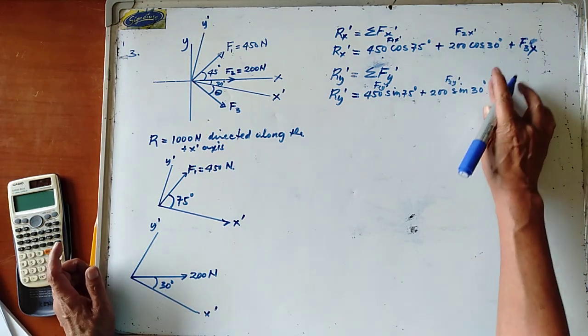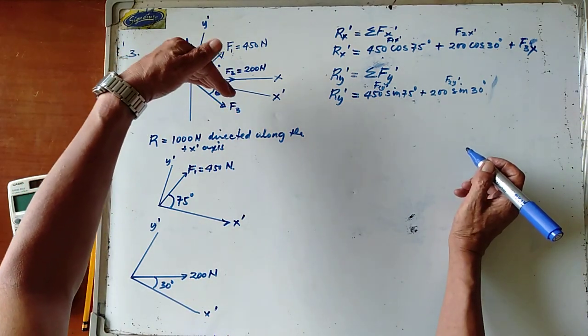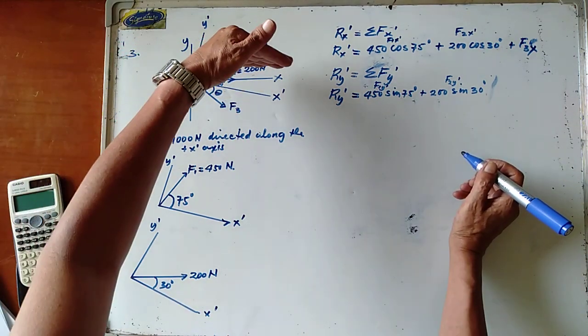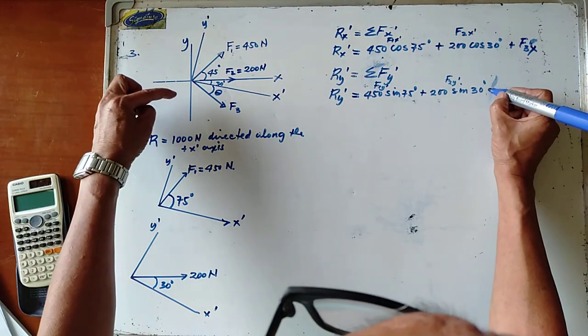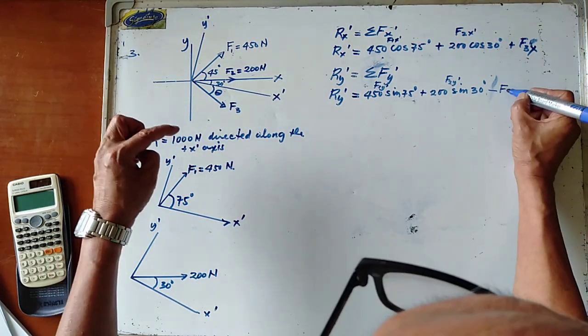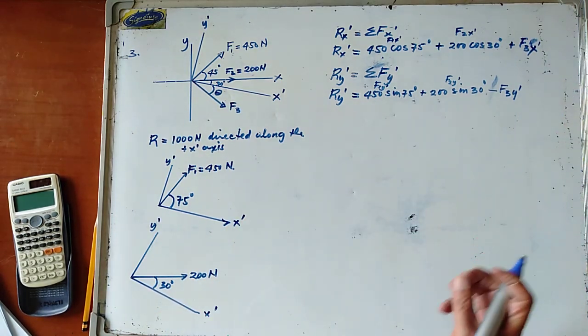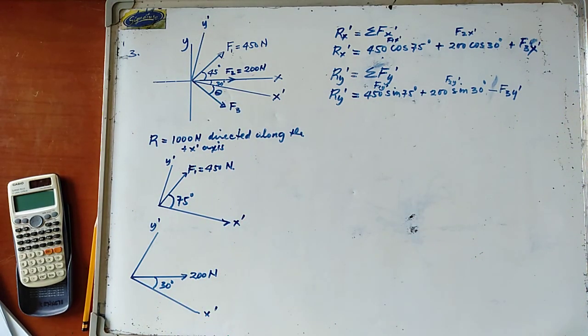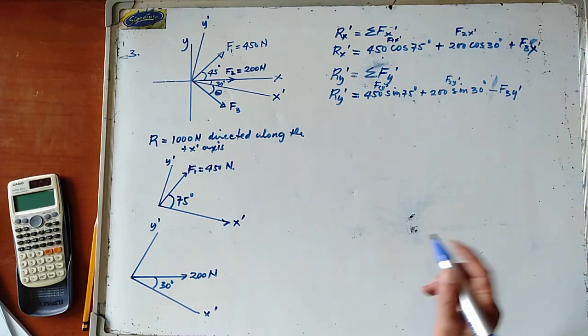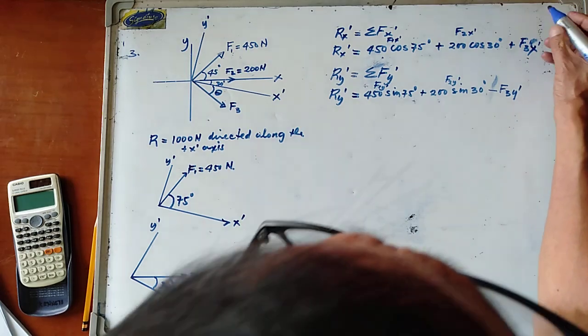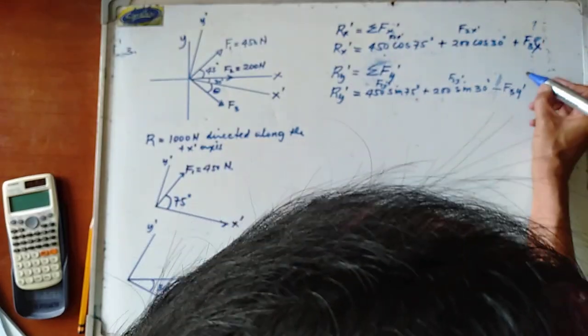F3 is directed down to the right, so minus F3y prime. That is therefore the equation. We do not know F3x prime, and we do not know F3y prime.